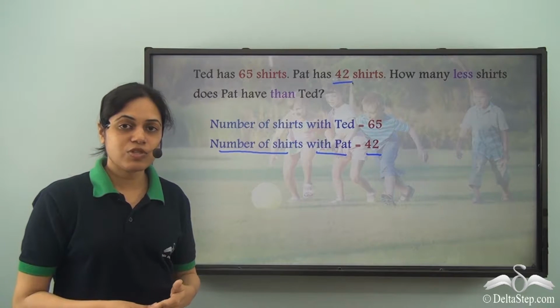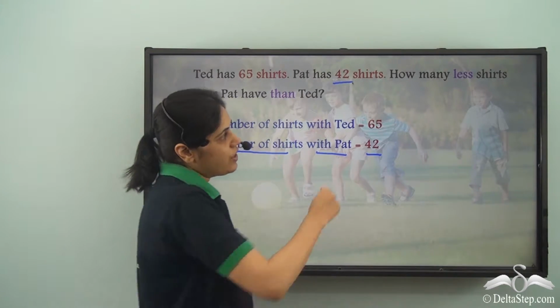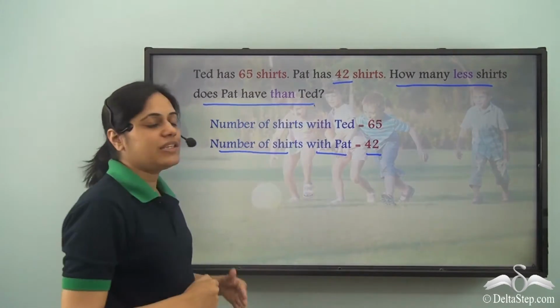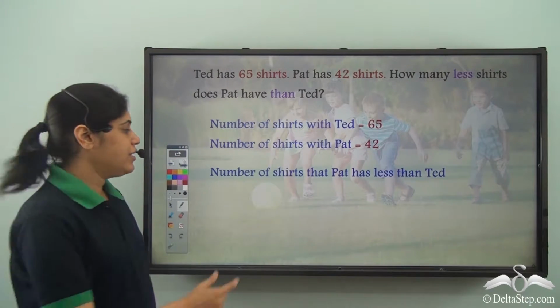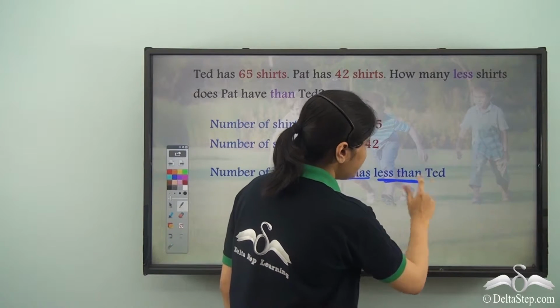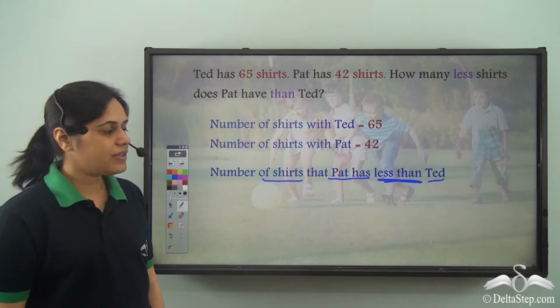So we have written what is given. Now the next step is to write what do we need to find. We need to find how many less shirts does Pat have than Ted. So what do we need to find? We need to find the number of shirts that Pat has less than Ted. This is what we need to find. How do we find this?